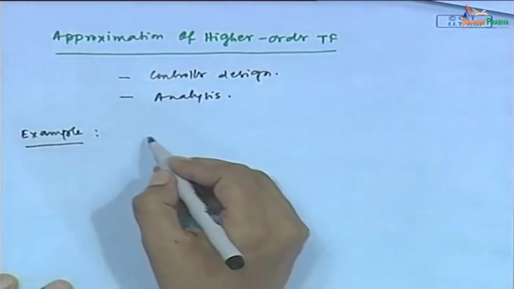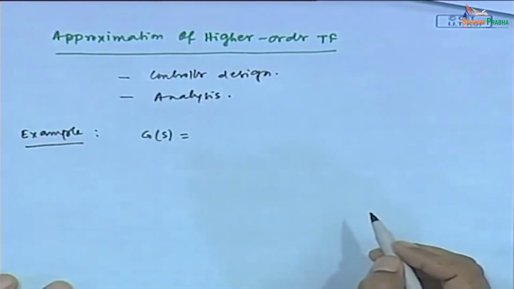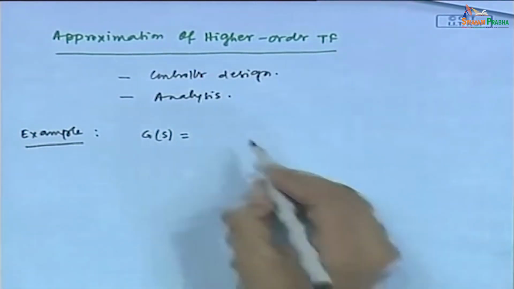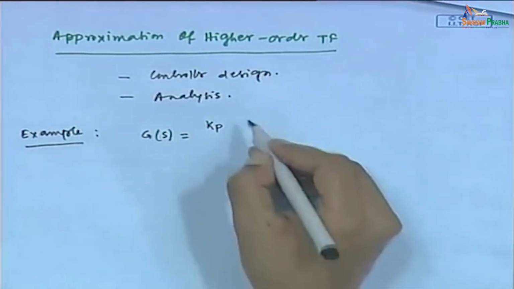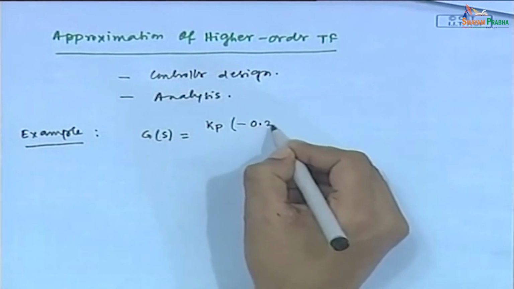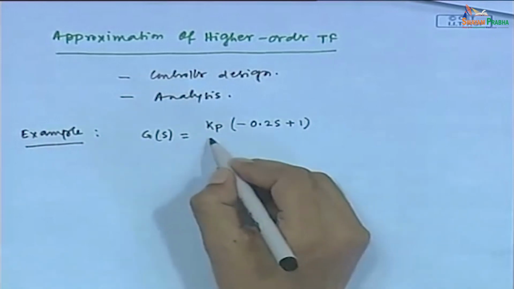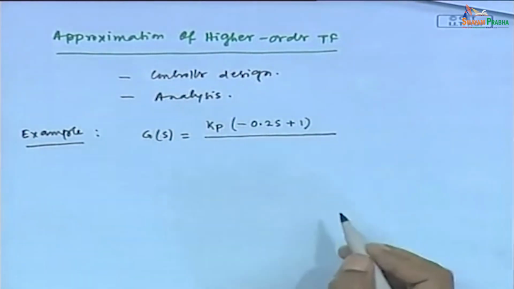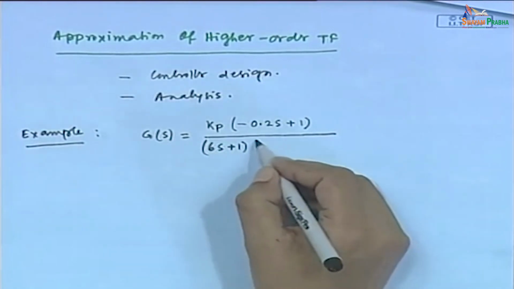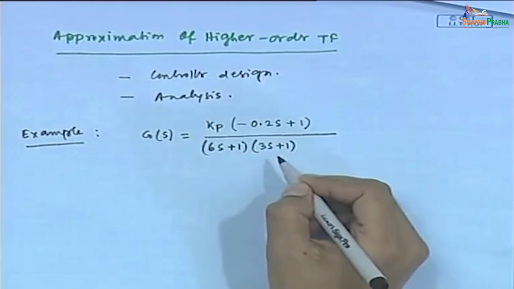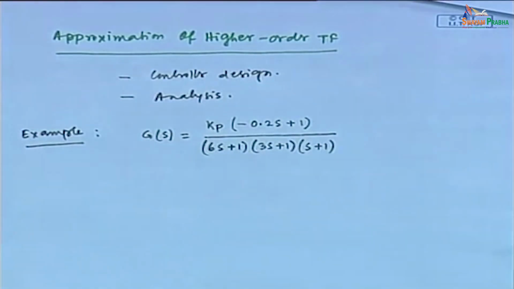Suppose the overall transfer function for a particular system is given by this form: G(s) equals the process gain Kp, times minus 0.2s plus 1, divided by 6s plus 1, multiplied by 3s plus 1, multiplied by s plus 1.